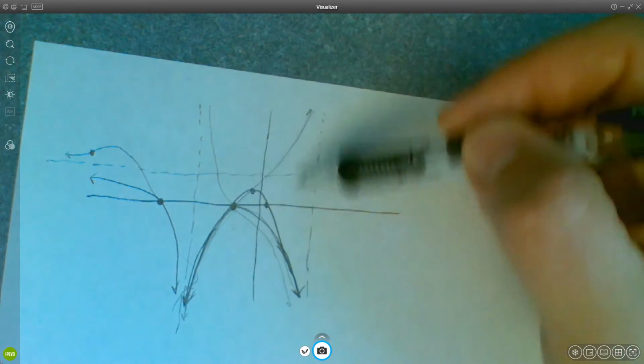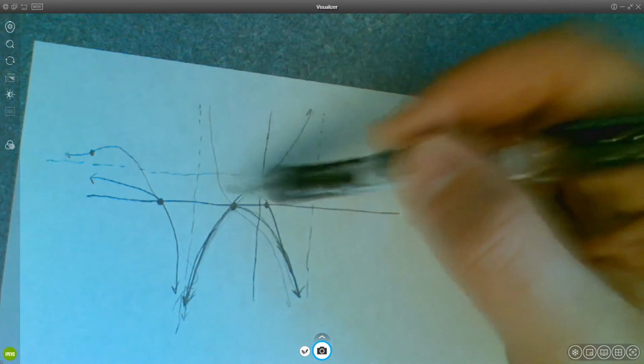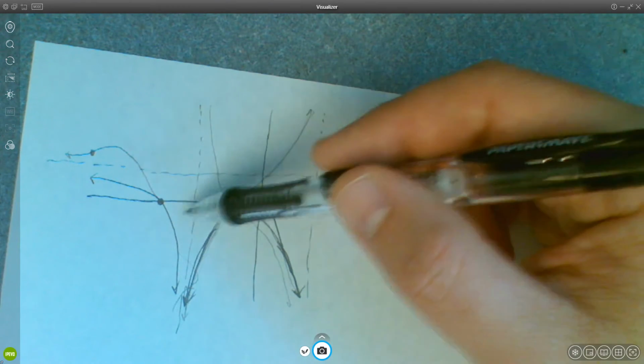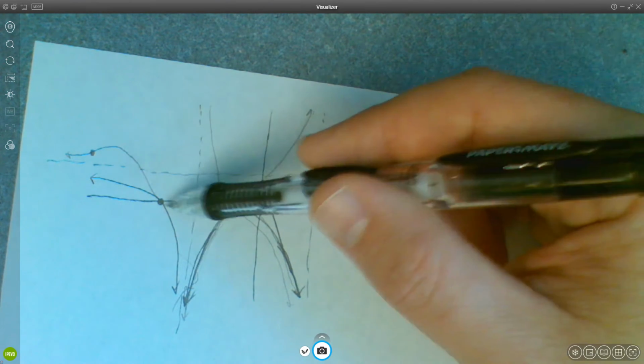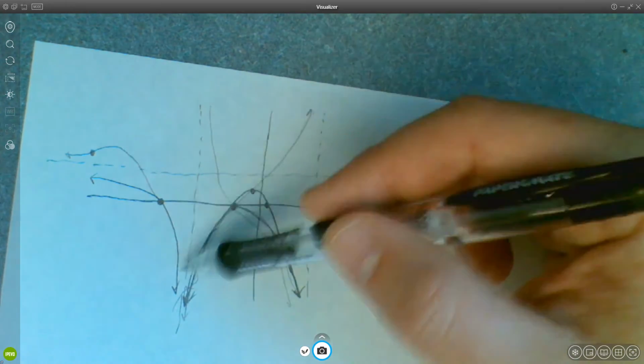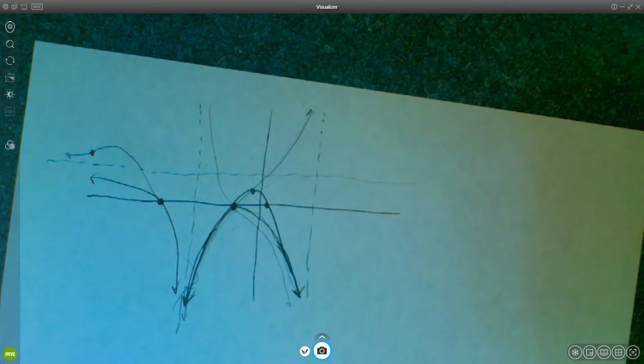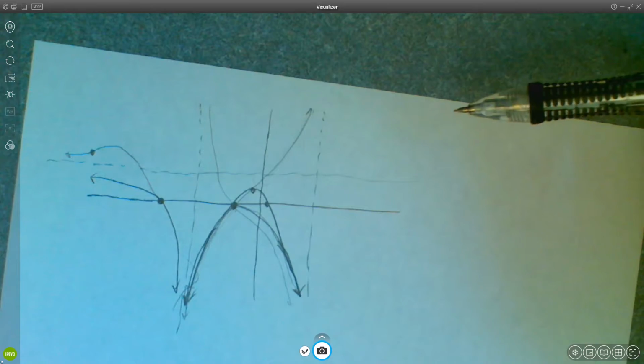Whether this thing crosses here in the middle, whether it crosses its horizontal asymptote, again, doesn't matter. If you can look at the limits as you're approaching this vertical asymptote, at what's happening from the left and from the right, then you don't need to plug in test points or whatever you did back in pre-calculus. You can just use calculus to figure out what's going on.